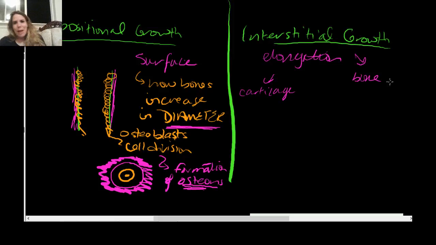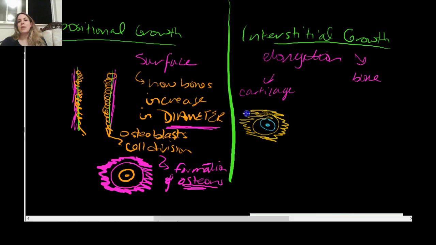Well, how does this happen? You already know how this happens. I mean, you already understand totally about how cartilage will produce more cartilage, right? So if we take our little chondroblast, we know that the chondroblast will start producing cartilage matrix to form a lacuna, and there's cartilage matrix all around it, and then it's trapped in there.